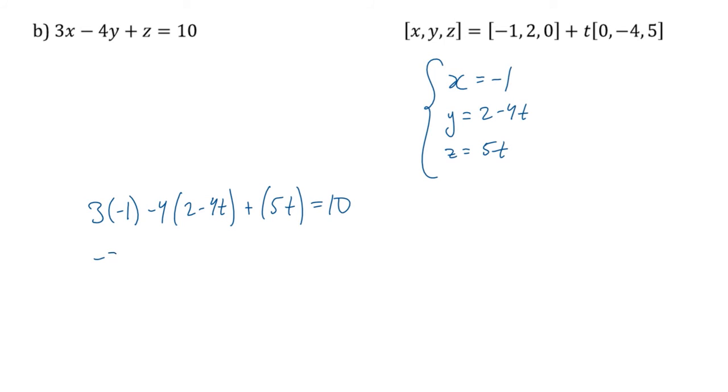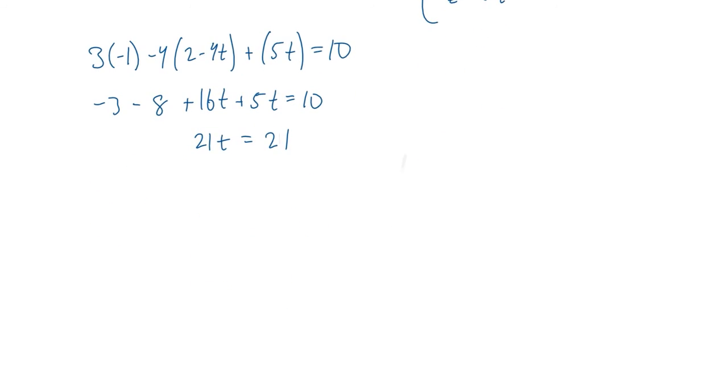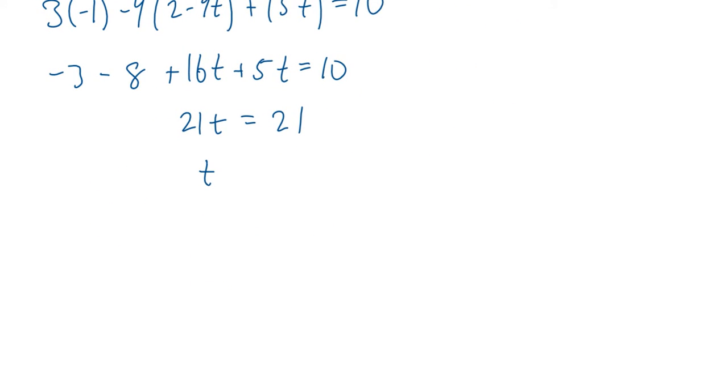Okay, so negative 3 minus 8 plus 16t plus 5t equals 10. And this looks like 21t. And 10 plus 3 plus 8 is 21. 21, not 21t, 21. Which means t is 1.